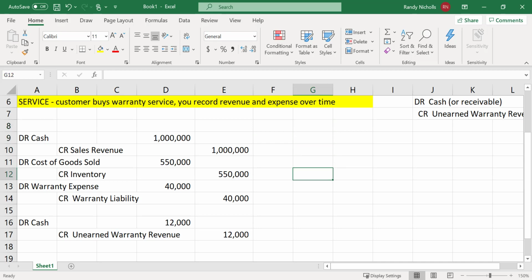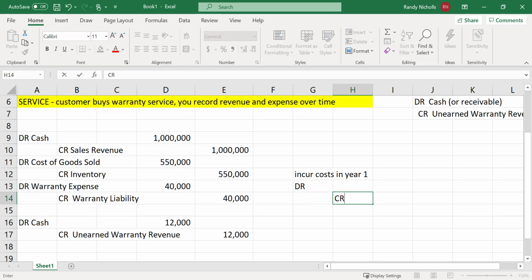So I'm just going to take, this is beyond what the question has, but let's say I incur some costs in year 1. What am I going to record? Well, first of all, let's assume that I have to pay cash. I have to pay somebody to fix this thing. $5,000.